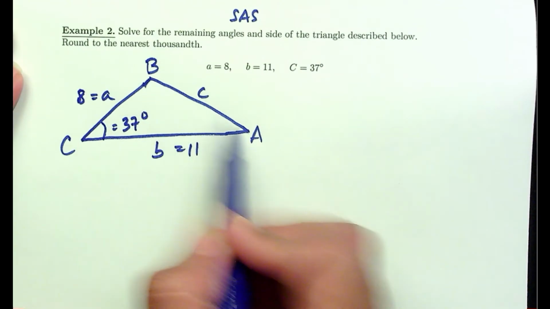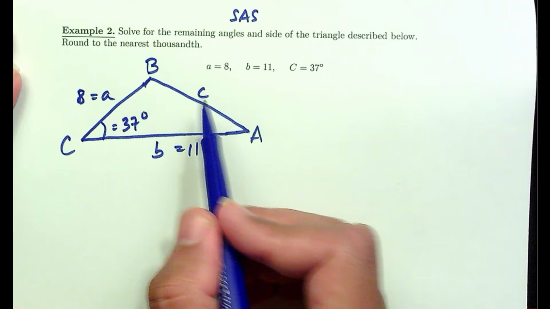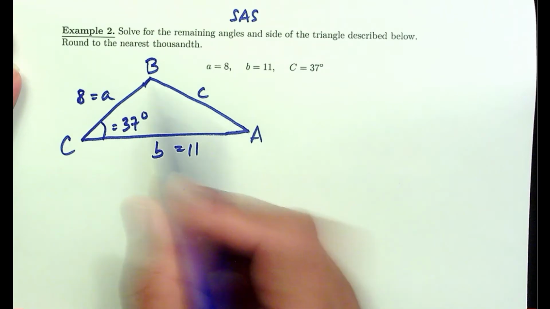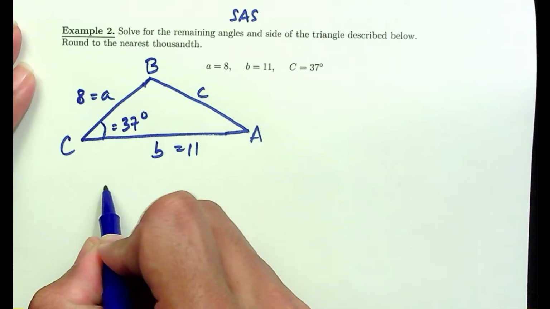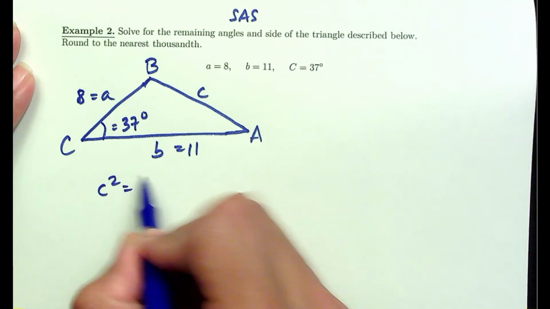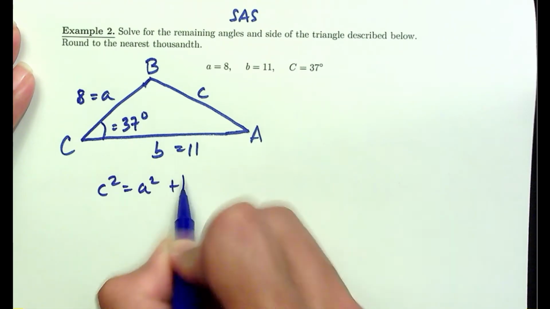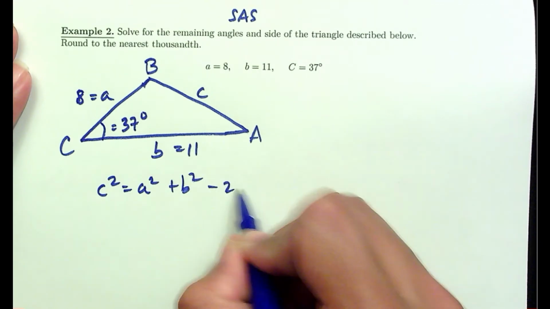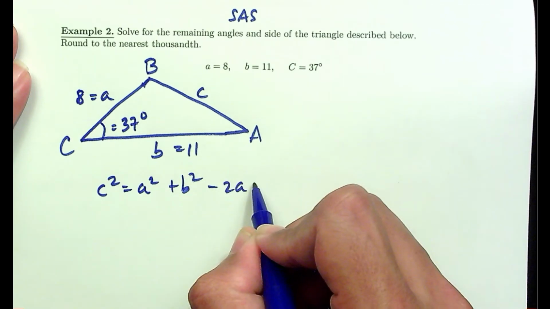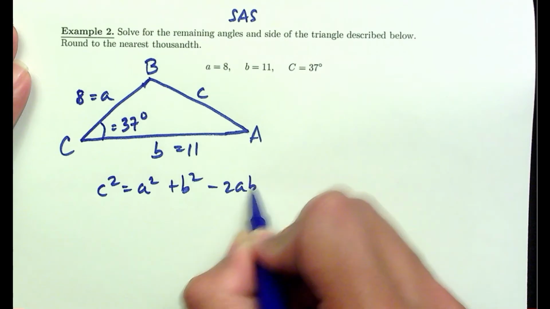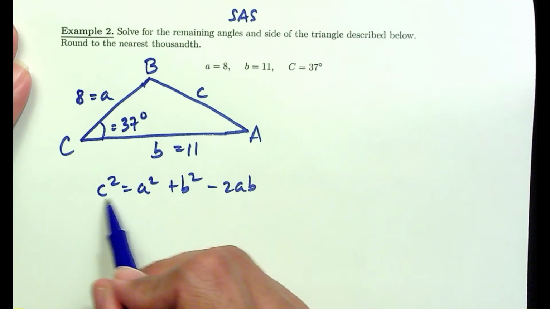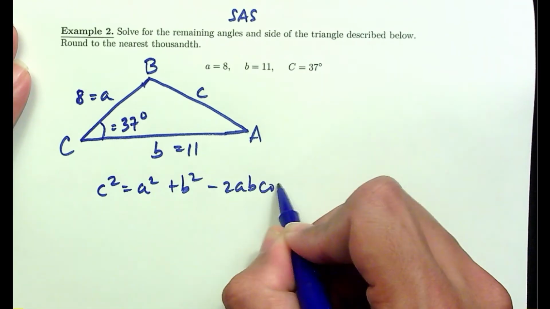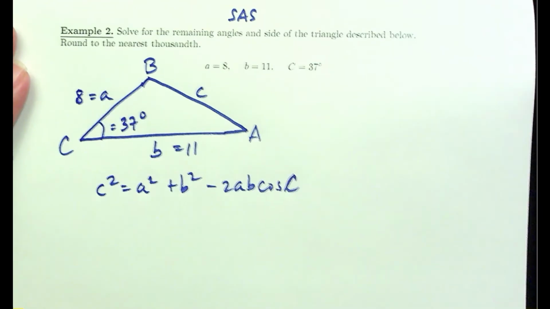Starting with this side as the quote-unquote hypotenuse, or the fake hypotenuse, we would get that c squared equals a squared plus b squared. But because it's not a right triangle, we fix it by subtracting 2 times ab times the cosine of the angle between them, which would be capital C.